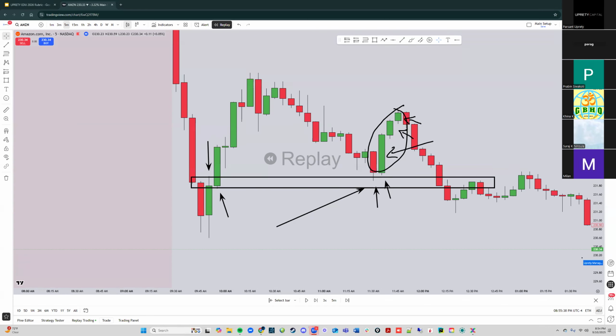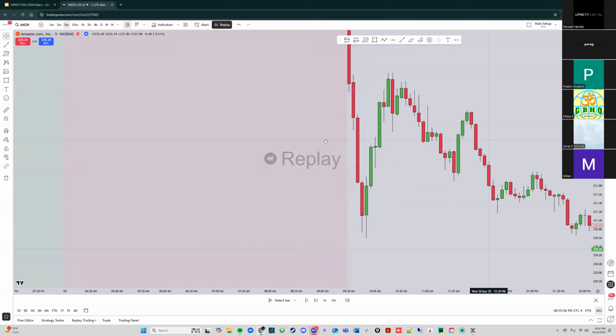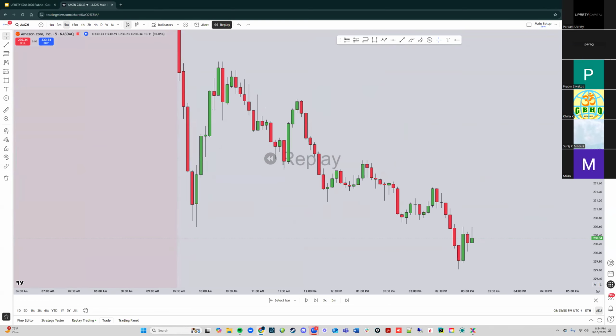Then we have this candle that takes out, because it's actually bigger than the last candle. Then we come down and draw the zone all the way to the right. Yes, it pushes up a little, but eventually it retests and then comes back down. That's the kind of story we're trying to tell.